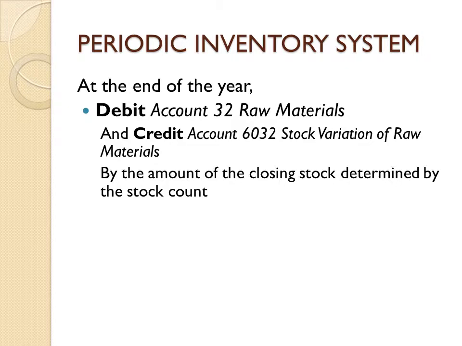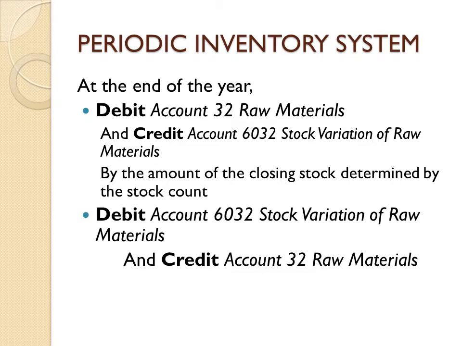This double entry is in order to include the amount of raw materials discovered during the physical stock count in the stock account. At the same time, simultaneously, we are going to debit Account 6032 and credit Account 3.2 raw materials.